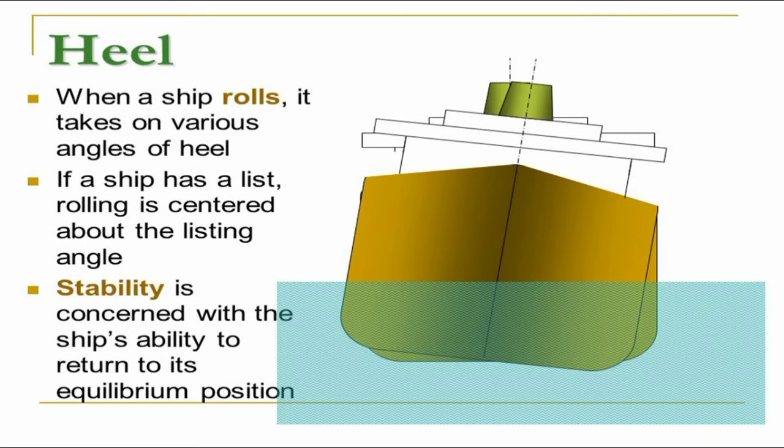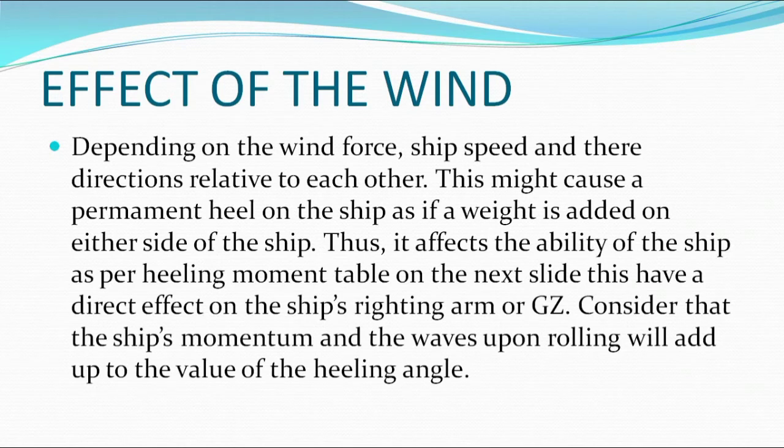So when we say heel, that is when a ship rolls, it takes on various angles of heel. If a ship is rolling, it is centered about the angle of heel. So that's something to do with stability, which concerns the ship's ability to return to its equilibrium or upright position. The effect of the wind depends on the wind force, the ship speed, and their directions relative to each other.